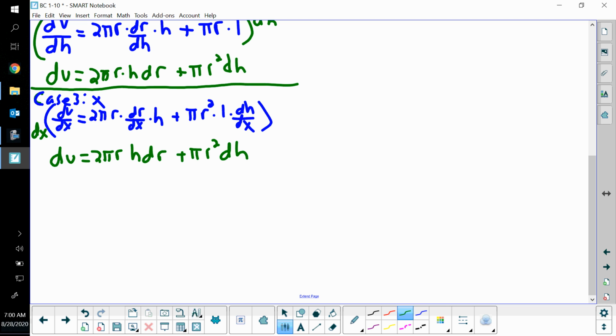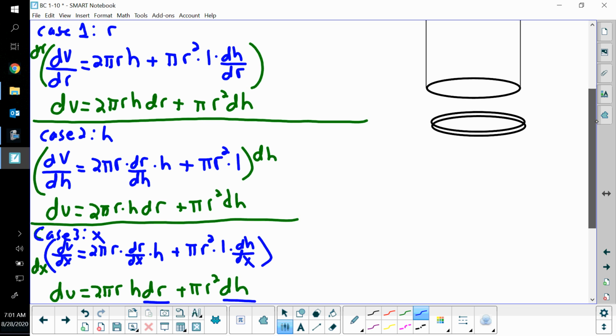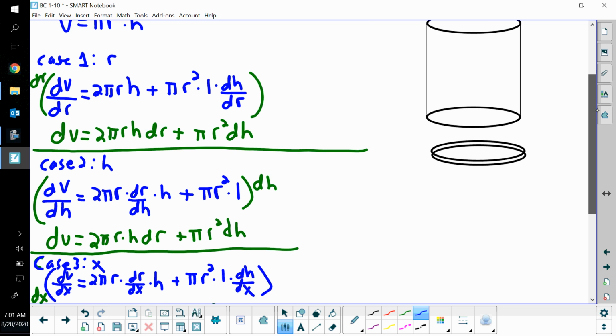So you can think of it any of those ways because you get to the same thing. Basically, when you do a product rule, whichever variable you're taking the derivative of, like we had an r, notice that ended up with a dr. When we took a derivative of an h, that ended up with a dh. So if you recognize that, you could also shortcut it and jump right to that. Okay? So it's your choice how you would like to do that.